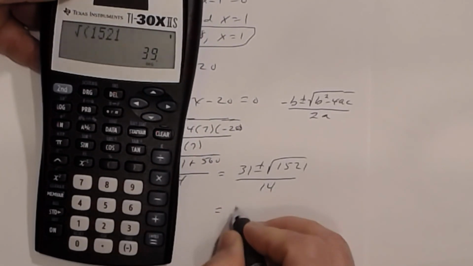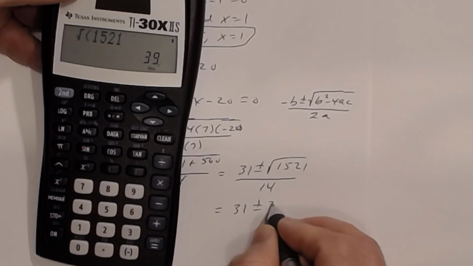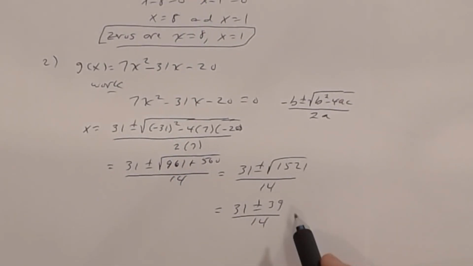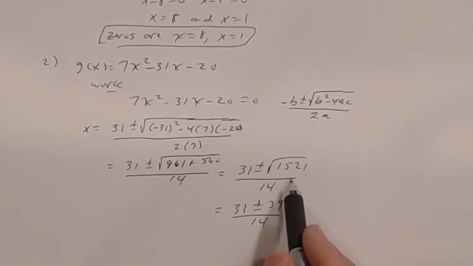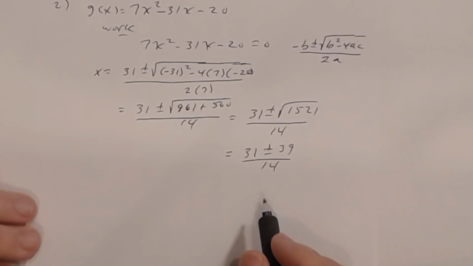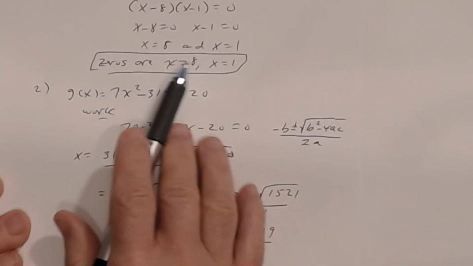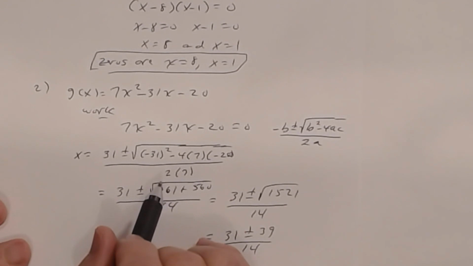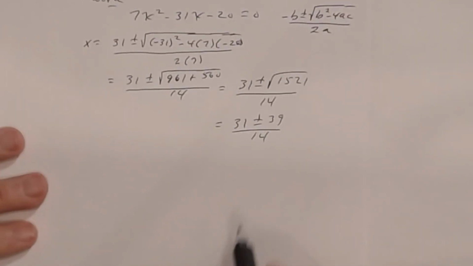So this becomes 31 plus or minus 39, divided by 14. Since 1,521 is a perfect square, the zeros are going to be rational numbers. They may not be integers, but at least they will be rational zeros.